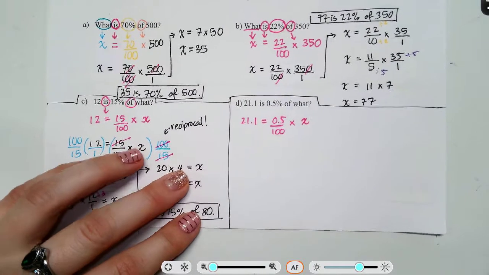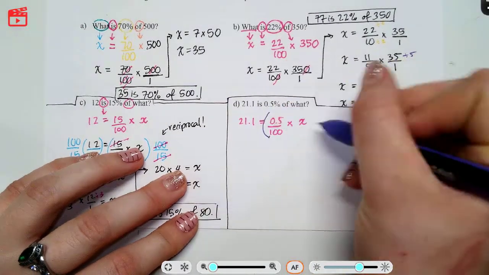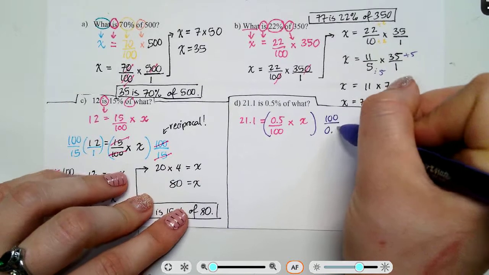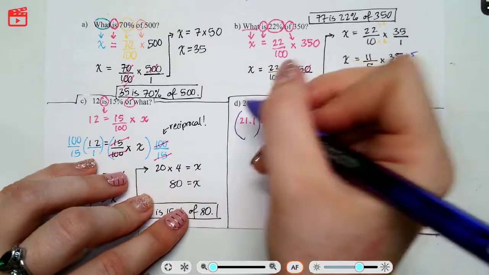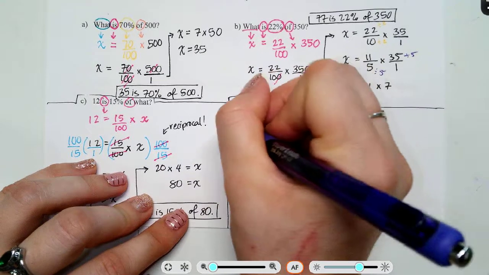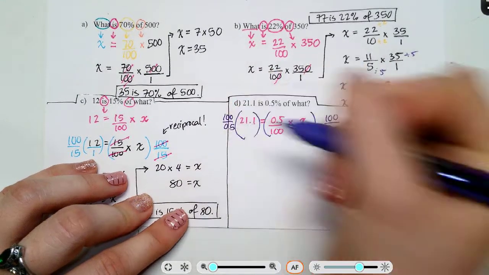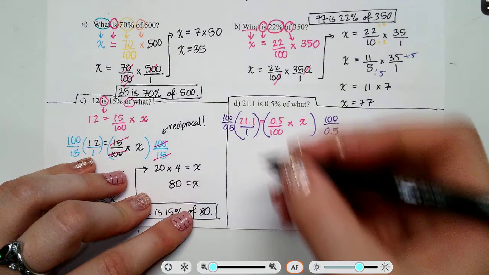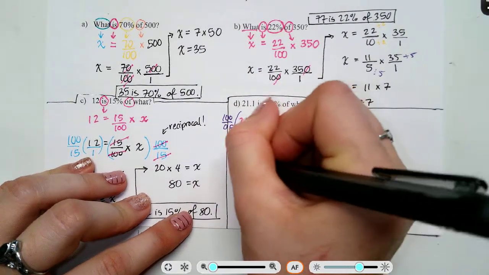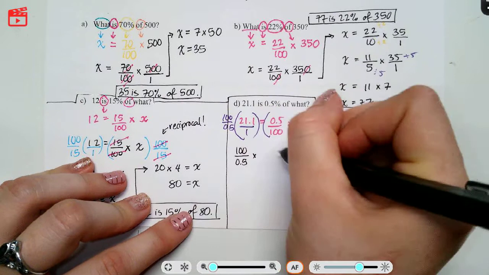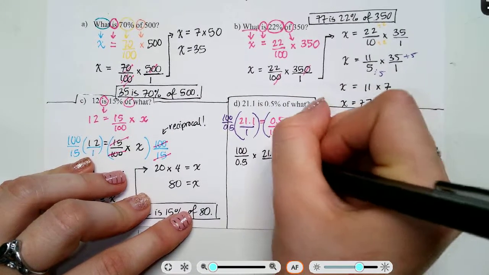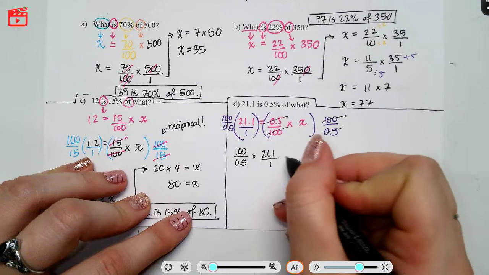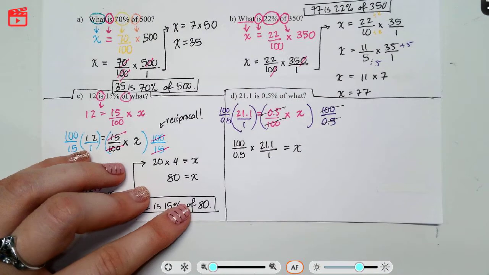So to get x by itself, we're going to multiply both sides by the reciprocal of the fraction, just like we did on that other example. Oops, getting squishy again. I have to leave more space on this the next time I print out these sheets. And when I do that, the hundreds will cancel, and the 0.5s will cancel each other out, and I'm just left with x by itself on that one side.